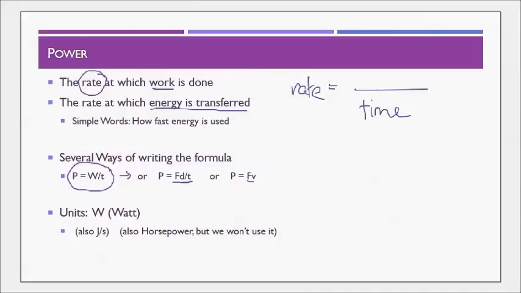Now, notice this is a capital P for power. This is not lowercase p. Lowercase p, remember, was for momentum. Capital P is for power.